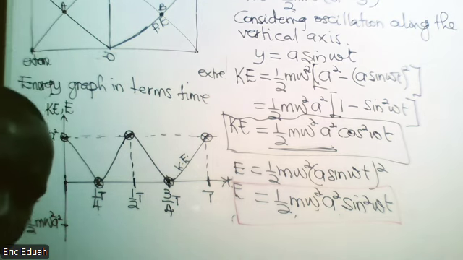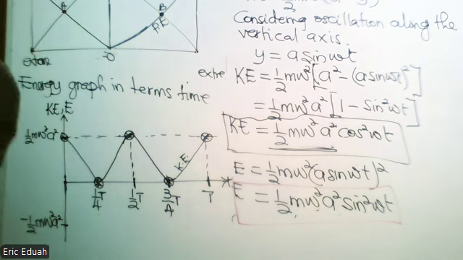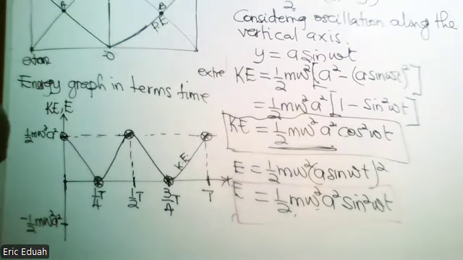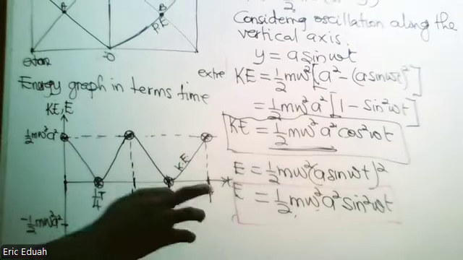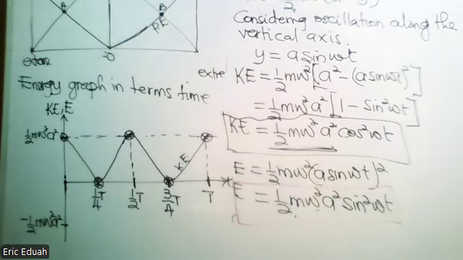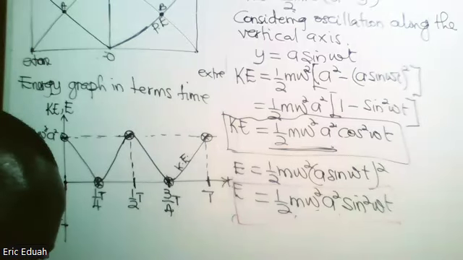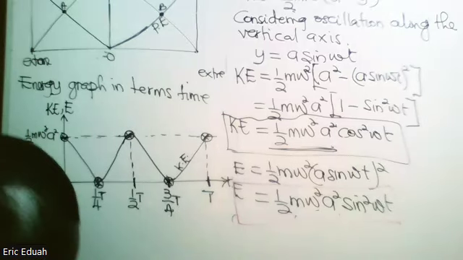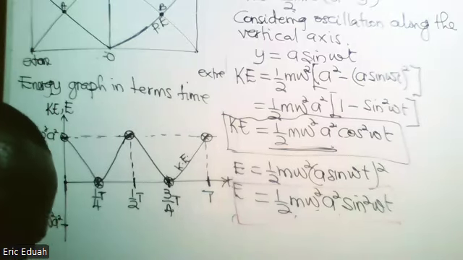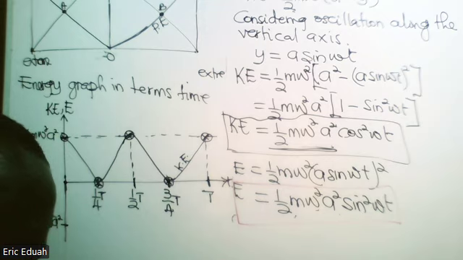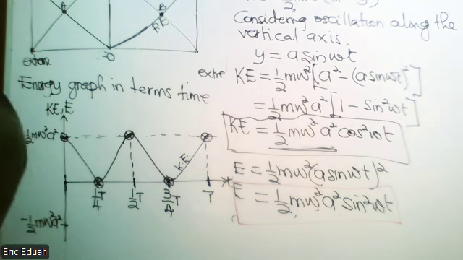For potential energy, when the time is 0 or the angle theta is 0, what will be the potential energy? 0. That will be 0.